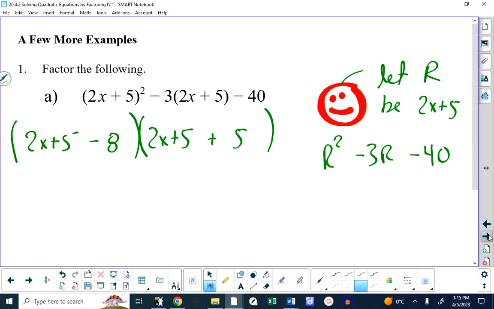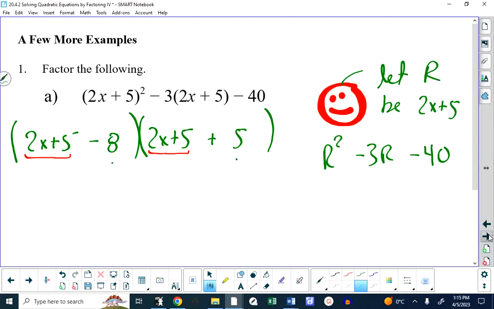Now, before we go on, think of this 2x plus 5 as a single thing. Let's just FOIL this out. Will we get 2x plus 5 quantity squared for the first? Yep, it's 2x plus 5 times 2x plus 5. Will the last, which is the product of this and this, give us negative 40?